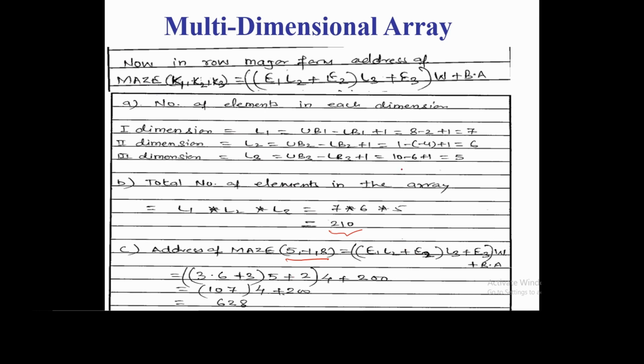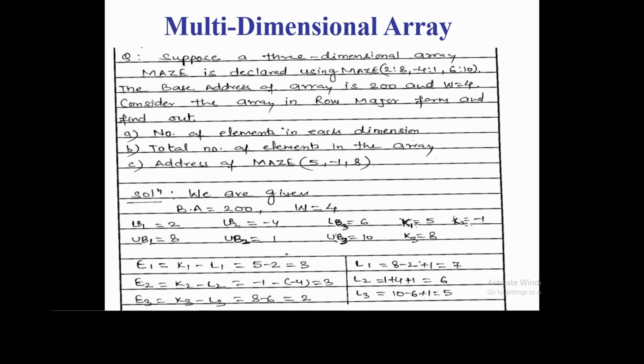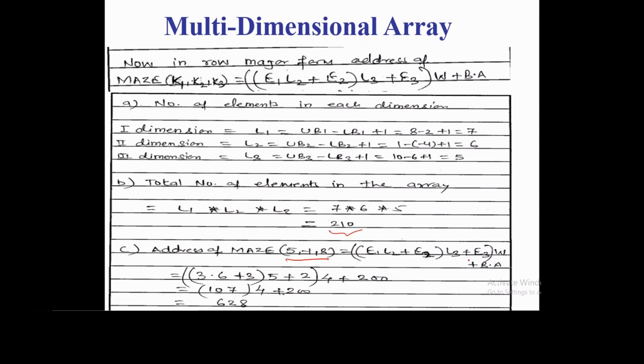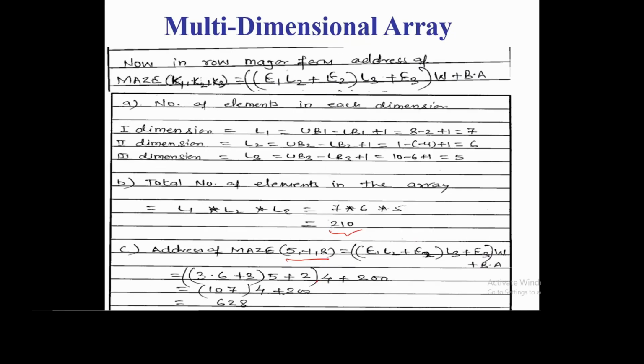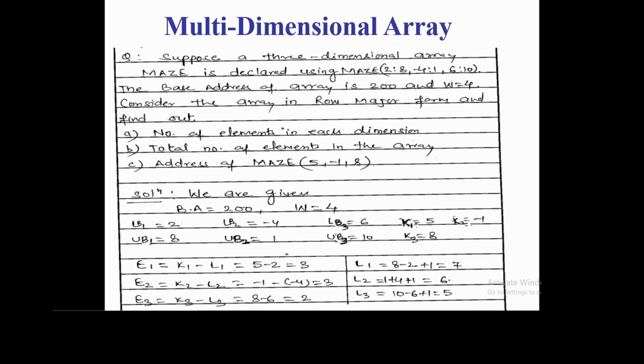Like word size 4, and just put these values here which we have calculated. We can solve them. E3 is 2, L3 is 5, E2 is 3, plus E1 is 3 and L2 is 6.